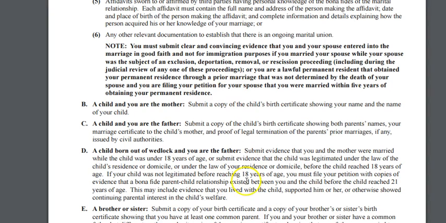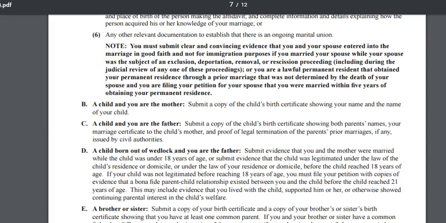This is the case for a child out of wedlock where you are the father. This may include evidence that you live with the child and support him. Okay, show evidence that you support the child.